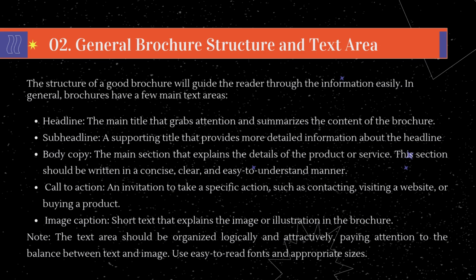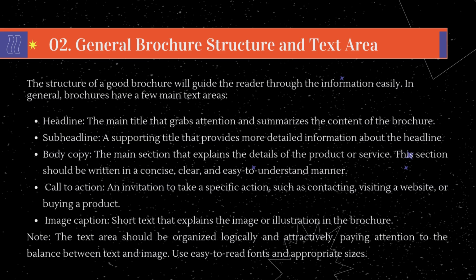Second, general brochure structure and text area. The structure of a good brochure will guide the reader to the information easily. In general, brochures have a few main text areas. Number 1, headline. The main title that grabs attention and summarizes the content of the brochure. Number 2, subheadline.